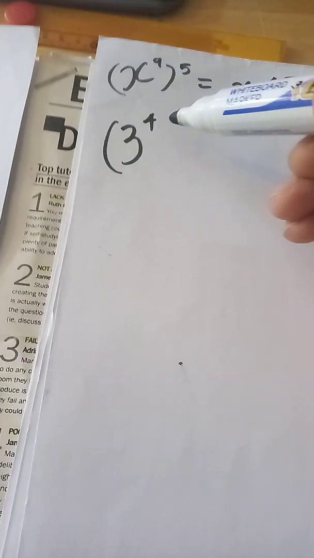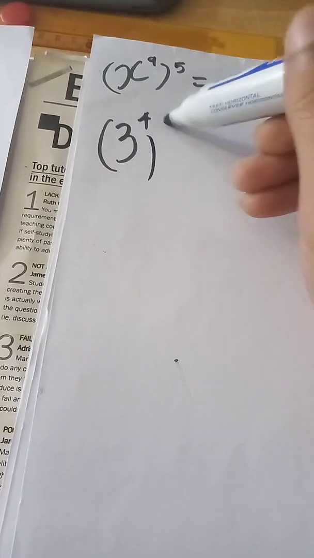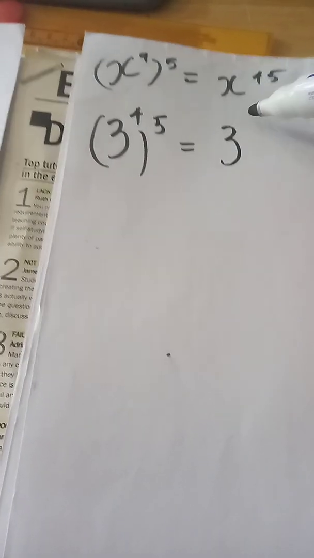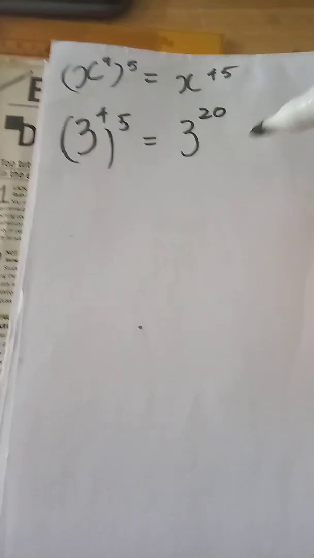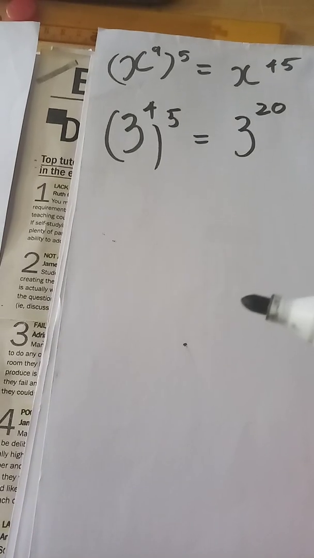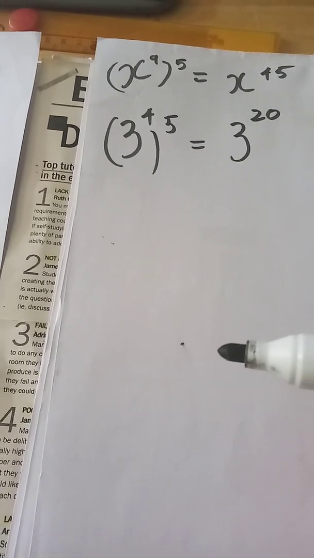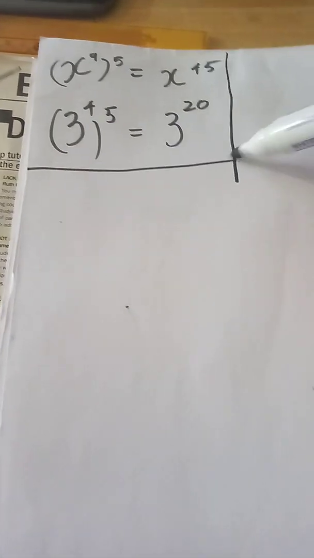Now, we move on to a few examples. If we've got x to the power 9, whole to the power 5, it'll be x to the power 45. If we've got 3 to the power 4, whole to the power 5, it'll be 3 to the power 20. This is the simplified explanation of the law.